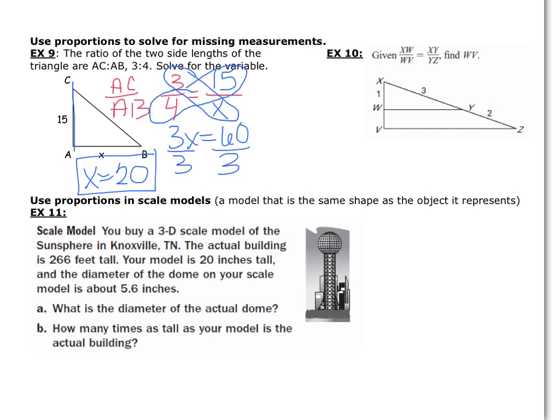Now sometimes, and you can see they've already set up the proportion for you, which is awesome, because then all you have to do is replace the pieces with the actual measurement down here on the diagram. So they said XW they want on top, so that's 1. WV, well that's what we don't know, is equal to XY is 3 and YZ is 2.